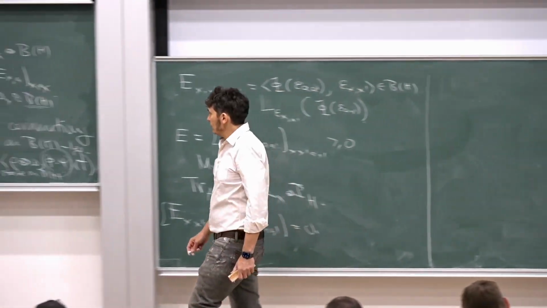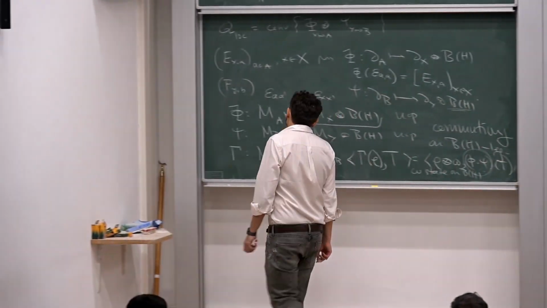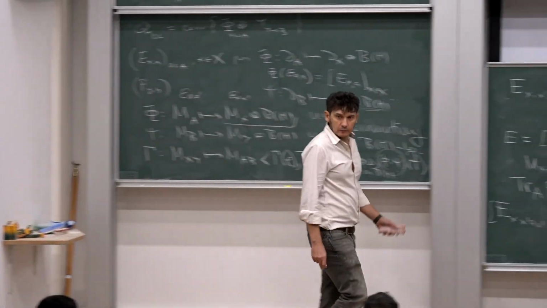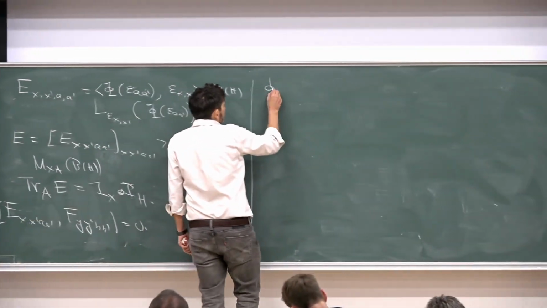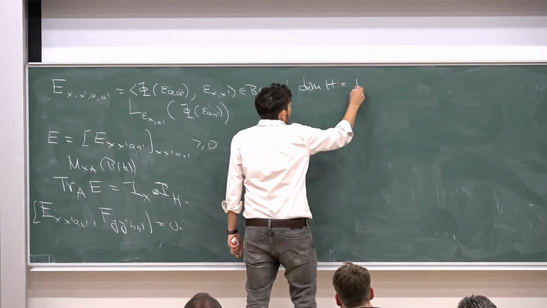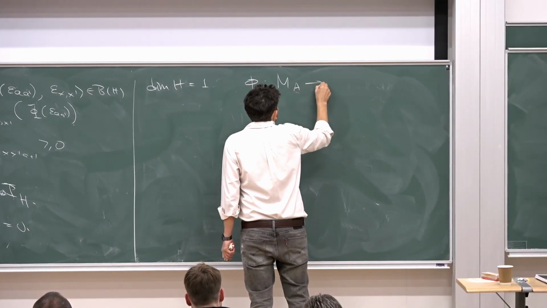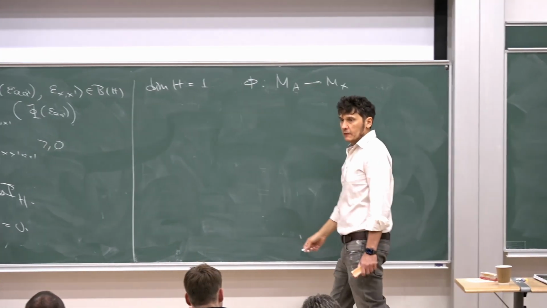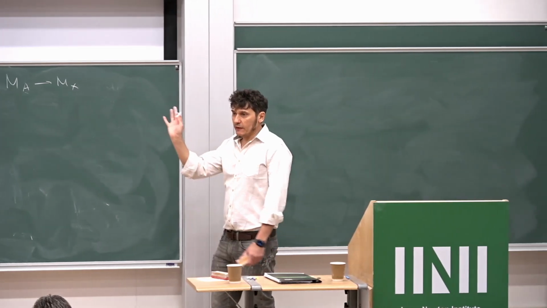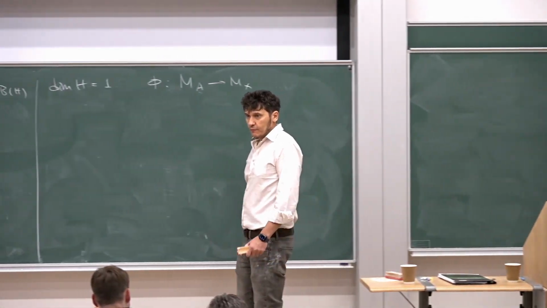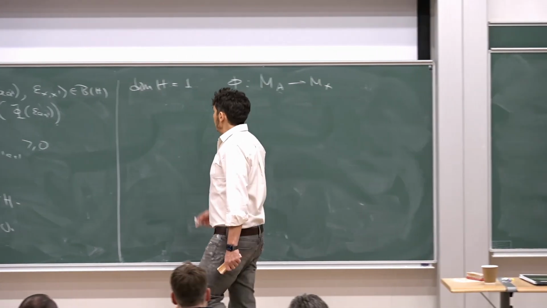Let me use a different notation. If the dimension of H is equal to 1, then T is just a map from MA to MX, and similarly for C. It's a unital map, so if I take the pre-dual of the dual, it's a quantum channel.